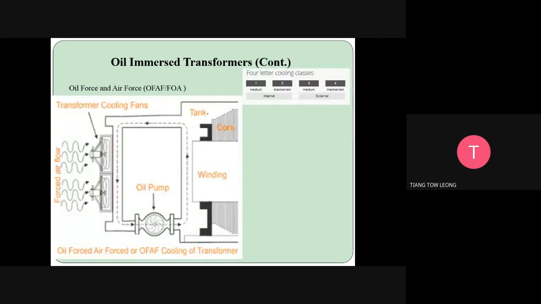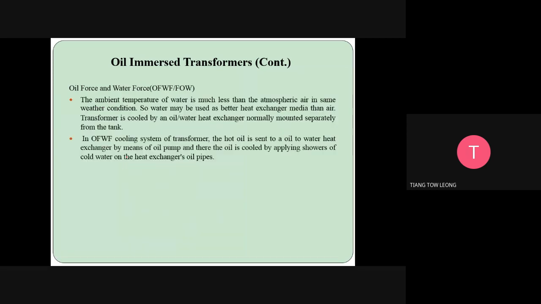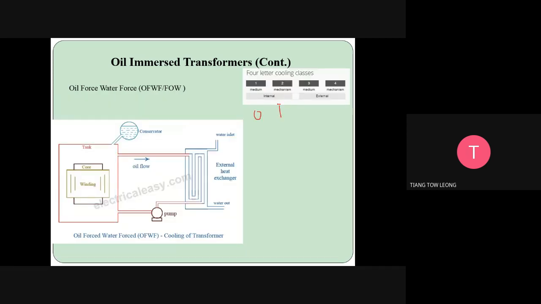Then another one, OFAF. Oil force: we have oil, and force means we need to have an oil pump so that it can flow faster. Another one is air force, so the heat is released by air but needs a force. And then we have OFWF, oil force and water force.